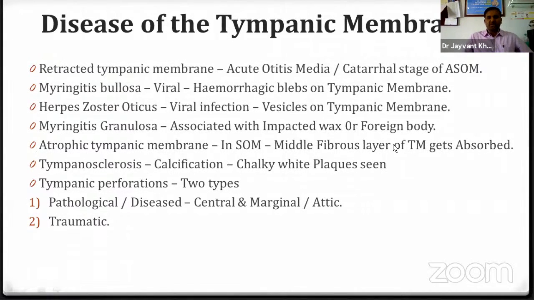In serous otitis media, the middle fibrous layer gets absorbed, so an atrophic tympanic membrane happens. Tympanosclerosis is hyalinization and calcification of the tympanic membrane. Chalky white plaques are seen on the tympanic membrane.